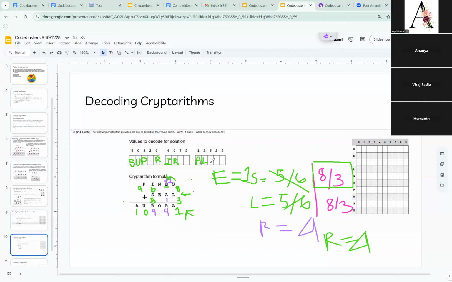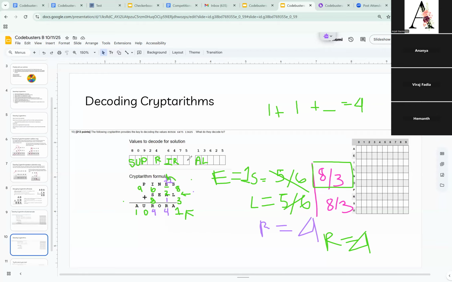So we filled that out over here. So then now let's try to find E, because we know we have a carryover, right? So let's try to do an equation. 1 plus 1 plus blank equals 4. So what would the blank value be? 2. Yeah, because 2 plus 2 is 4.